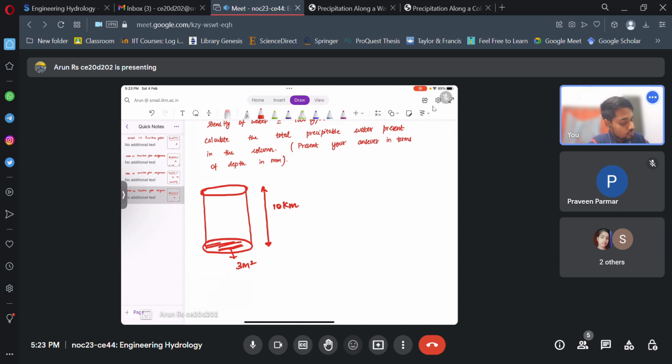So what we will do is take it strip by strip. This is a small strip represented by delta Z, and we'll find out the mass of water available in each strip, integrate them together, and then determine the depth in mm.